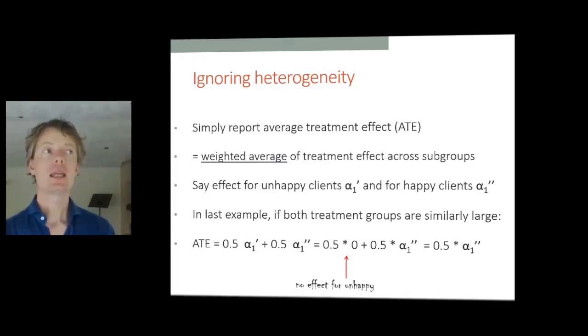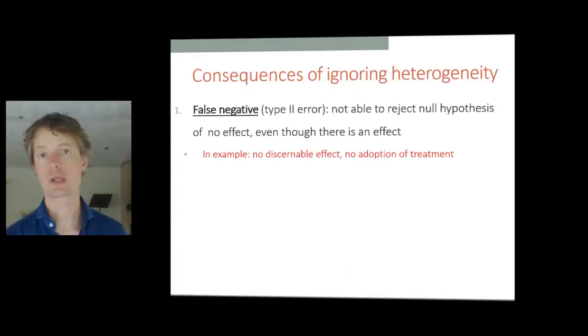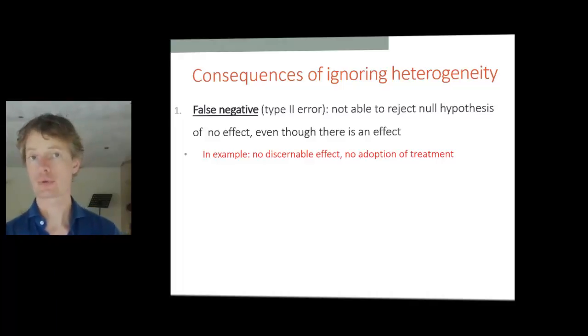Now, if you ignore any heterogeneity, then this has obviously consequences. And the first consequence is that you may not be able to reject the null hypothesis of no treatment effect, even though there is an effect for subgroups.